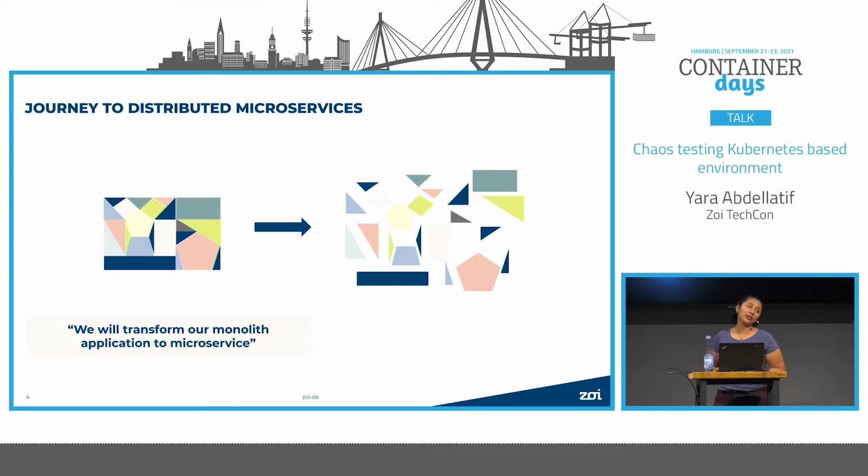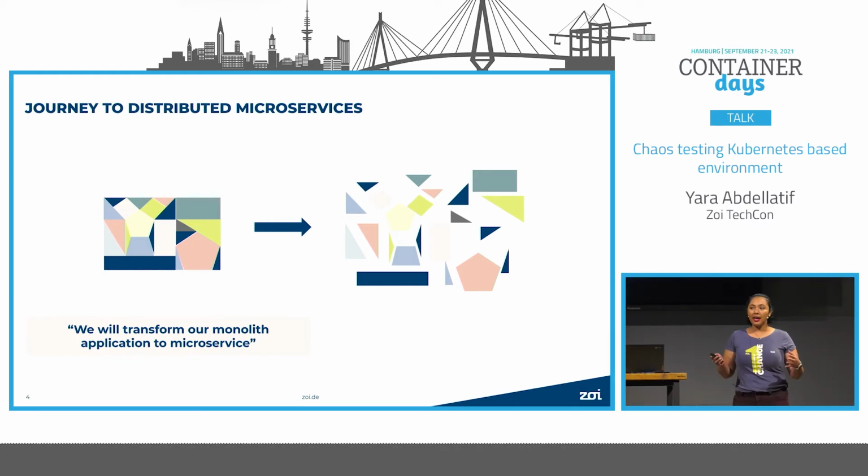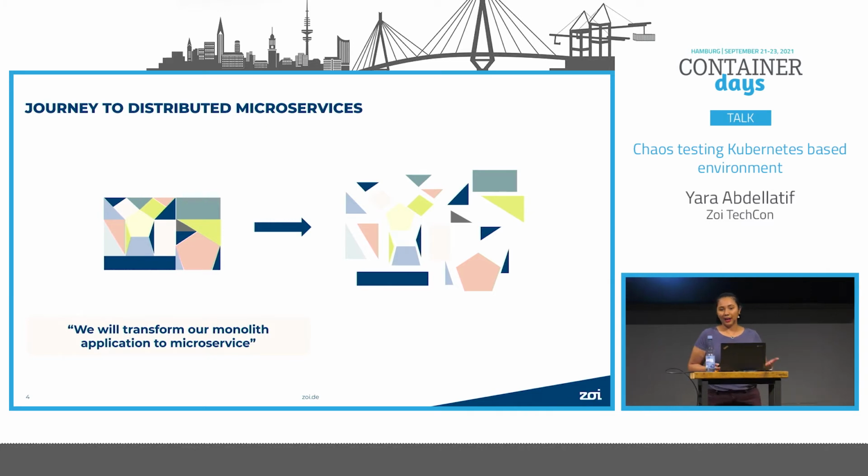The second problem is, usually through your journey, when you have broken your application into small pieces and you've built your Kubernetes or your distributed system or infrastructure, you have put so much thought into securing your environment. We are always so afraid of hackers' attacks that we actually forget about Mother Nature.